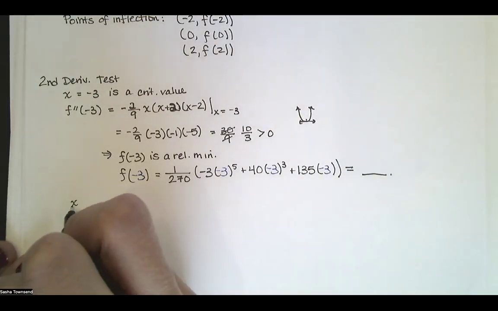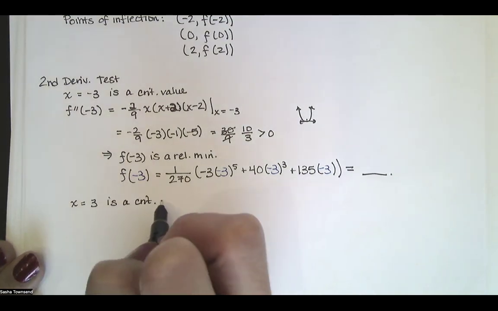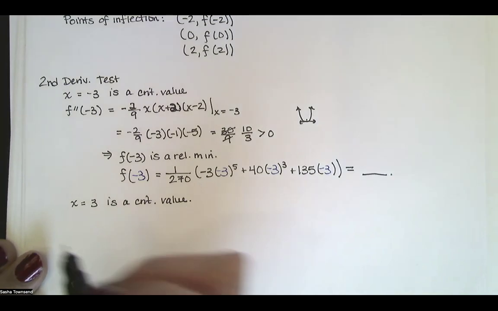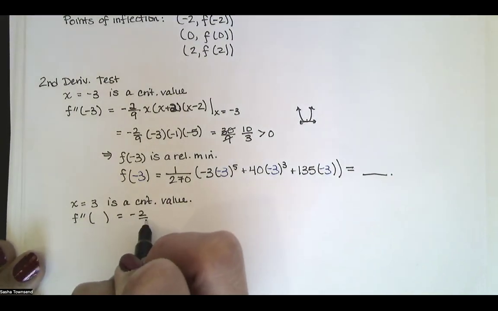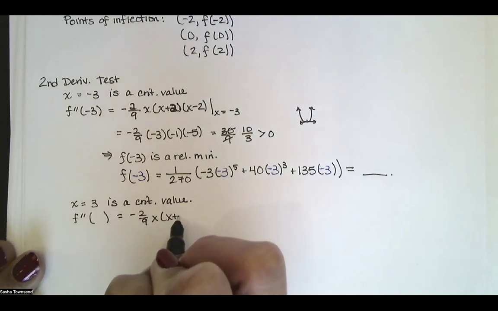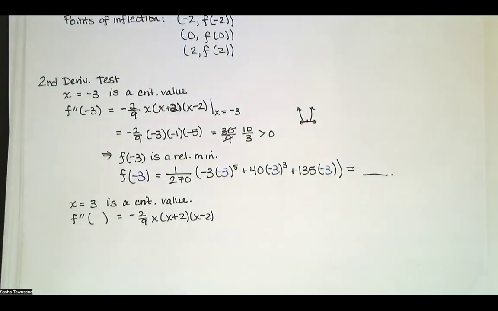So we evaluate f double prime at that other critical point or critical value. So we've got -2/9 times (x plus 2) times (x minus 2), and we're evaluating at x equals +3.